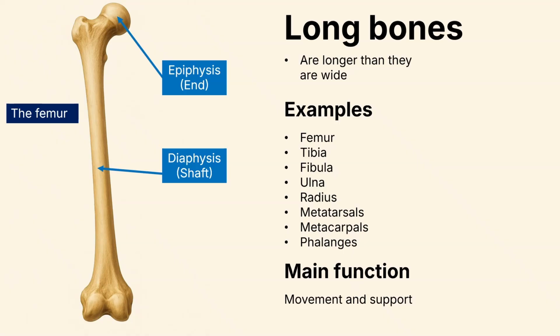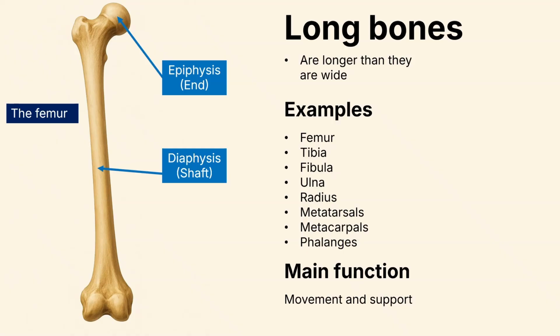Bones are classified according to their shape. As radiographers, we focus on 5 main types, which are crucial in assessing radiographs. Long bones. These bones are longer than they are wide. They are characterized by having a central shaft and 2 expanded ends.